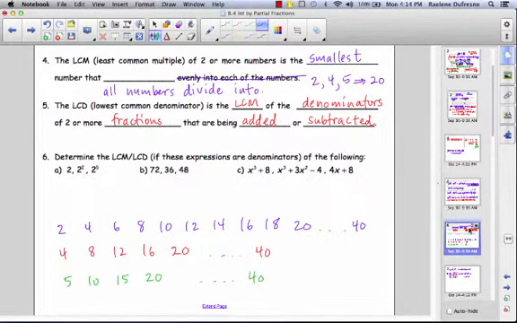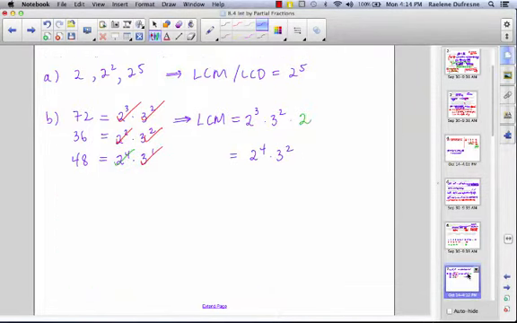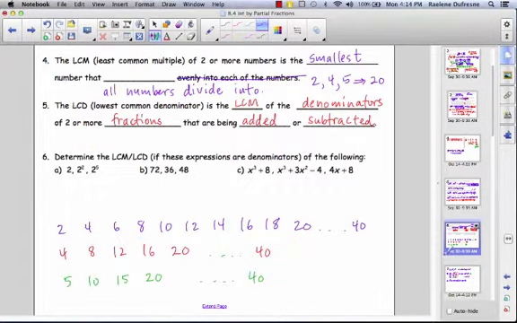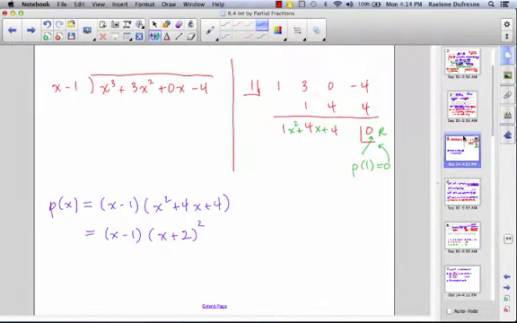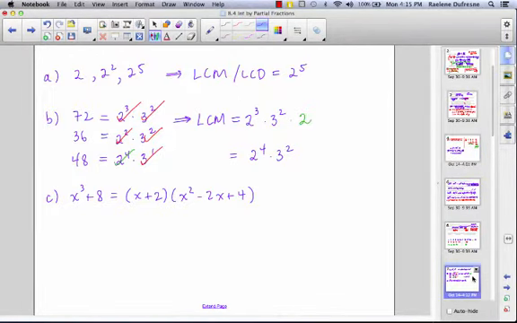In the next case, we have some polynomials, and so let's just factor each one of these. We have x cubed plus 8, which we'll factor as x plus 2 times x squared minus 2x plus 4. We have x cubed plus 3x squared minus 4, which we factored earlier as, I think I'll write it here, x cubed plus 3x squared minus 4, x minus 1 times x plus 2 all squared.